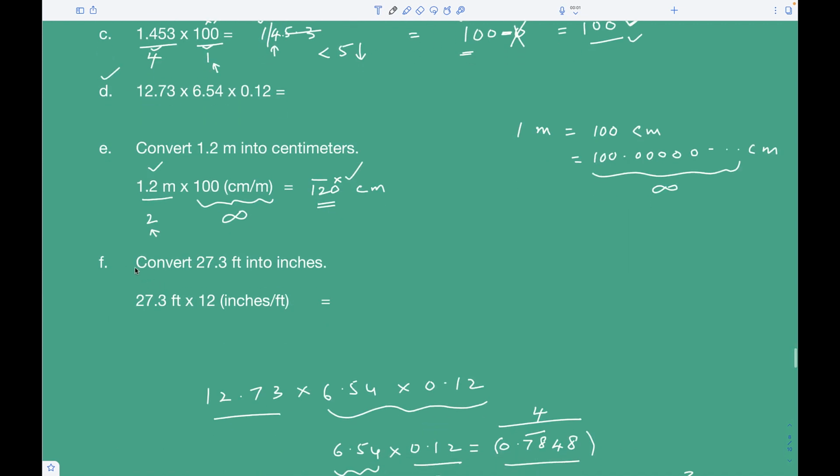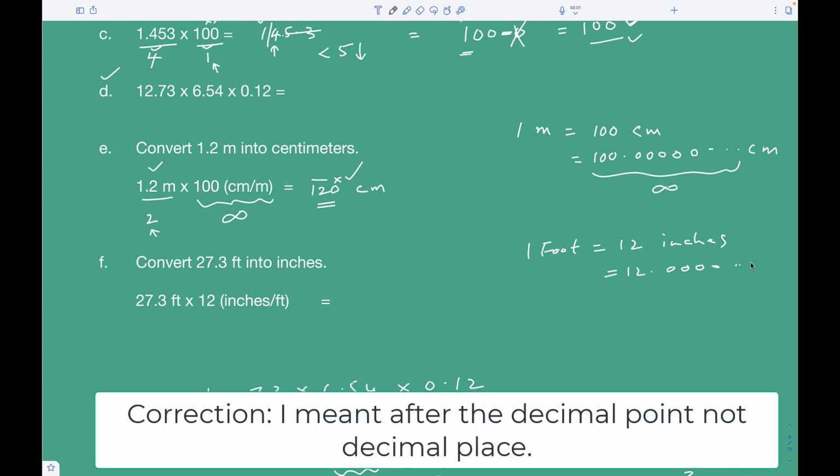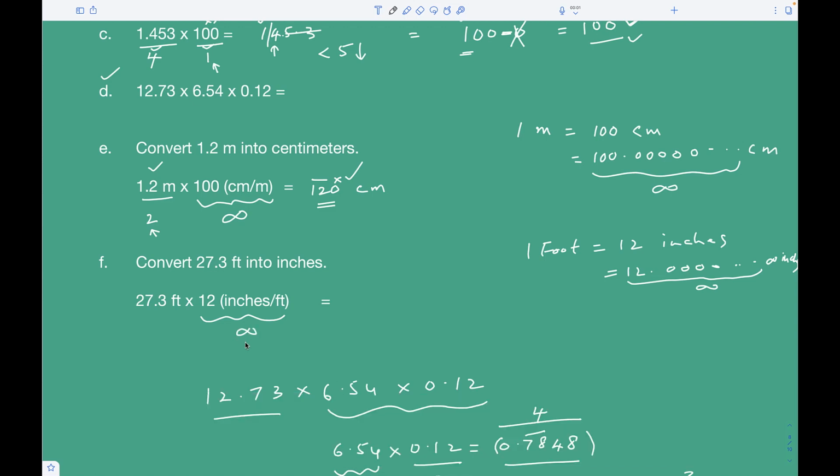In the next example, we have to convert 27.3 feet into inches. Again, 1 foot is equal to 12 inches exactly by definition. That is 12 with an infinite number of zeros after the decimal place. So it has again an infinite number of significant figures, whereas this term has 3 significant figures.